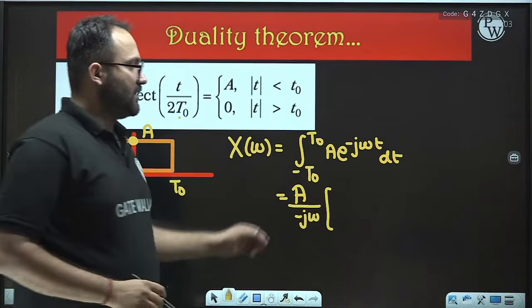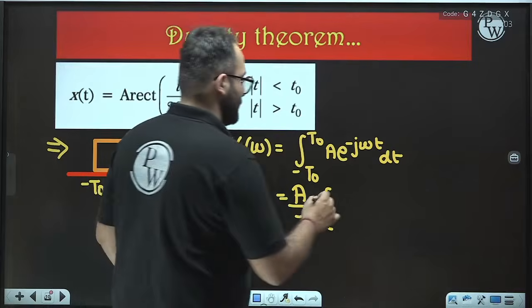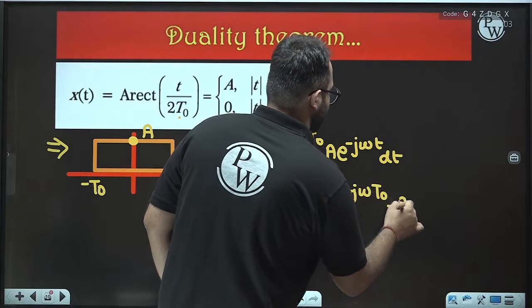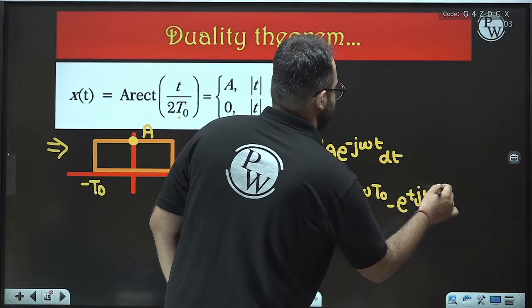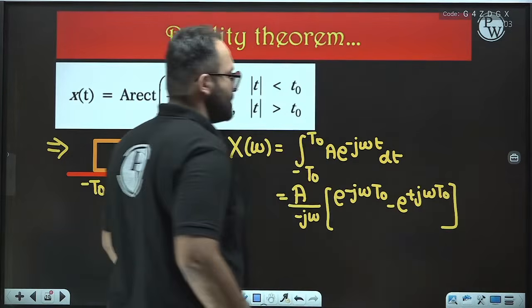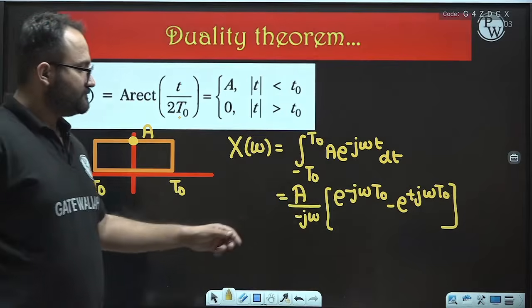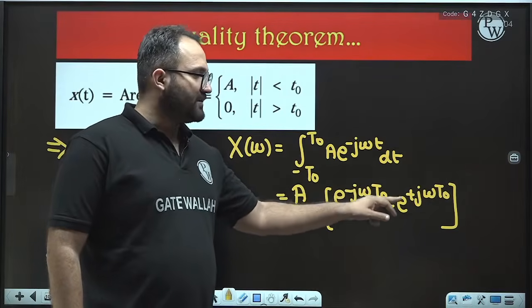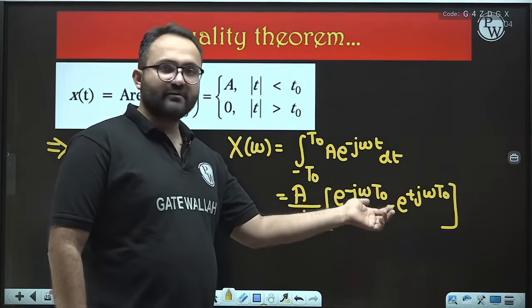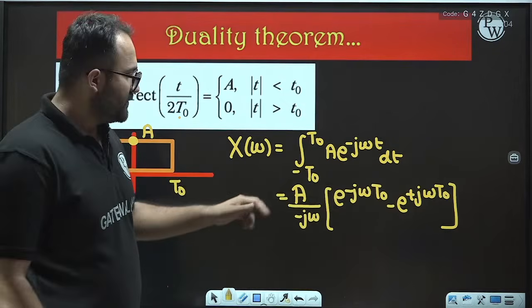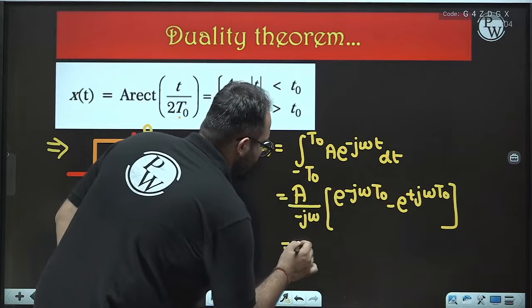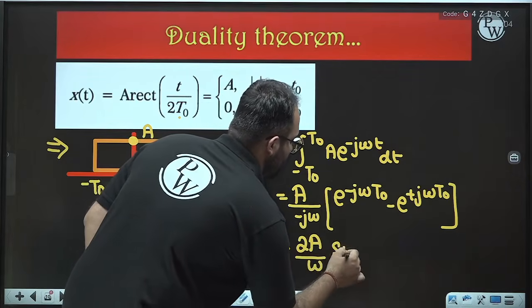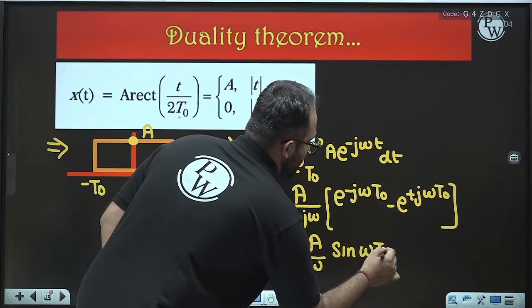Now we put the limits, and we get e to power minus j theta minus e to power plus j theta. This will become sin theta. We multiply and divide by 2 and we get the result, that is 2A upon omega sin of omega t naught.